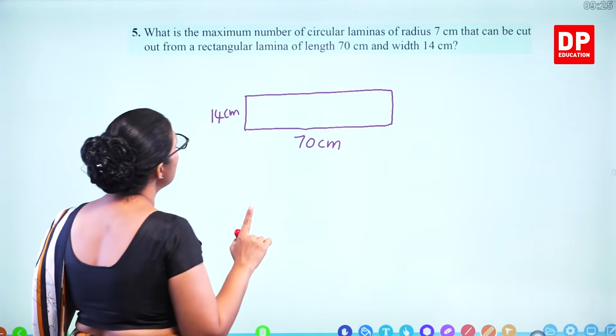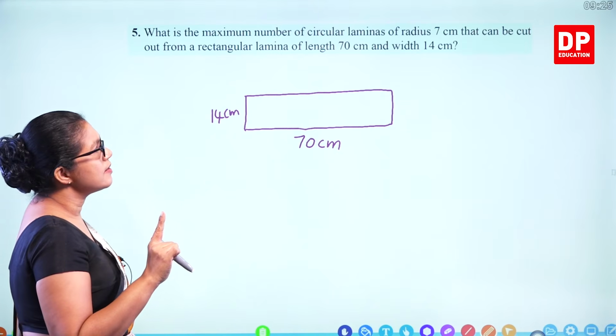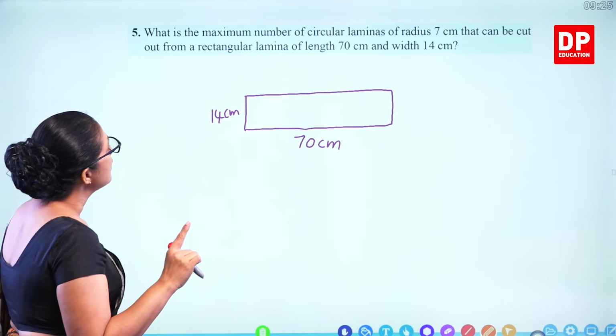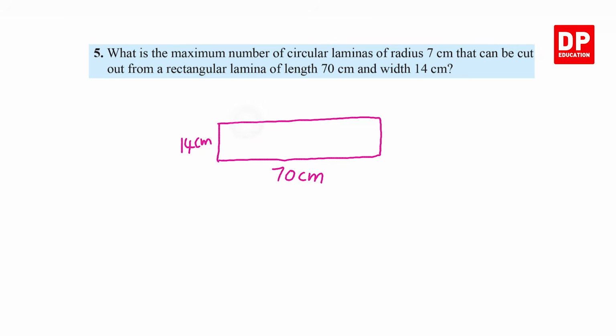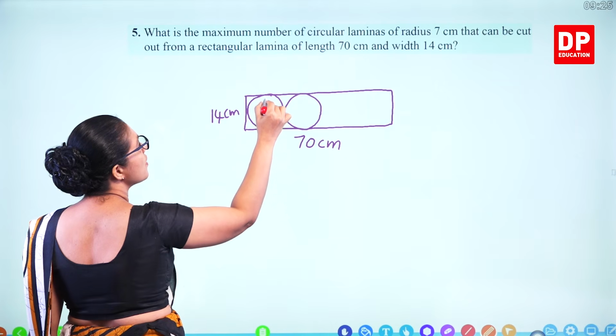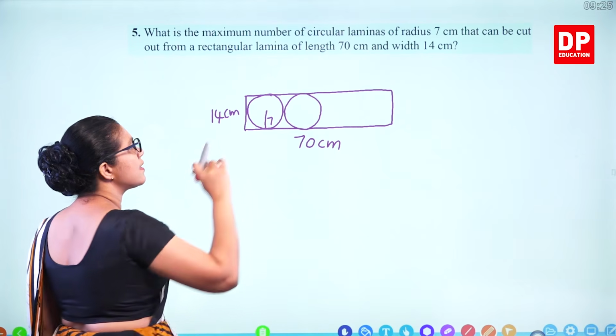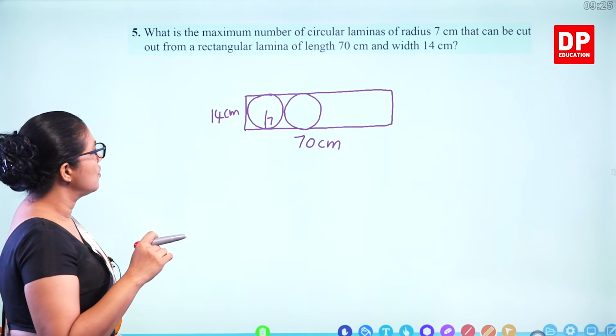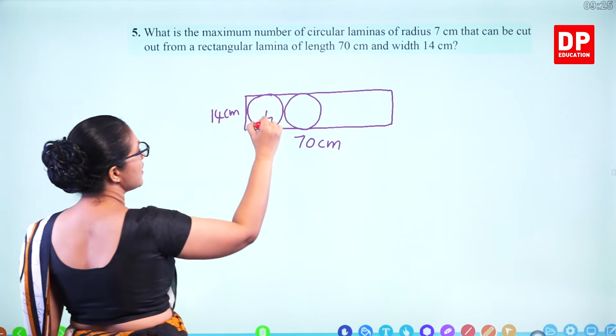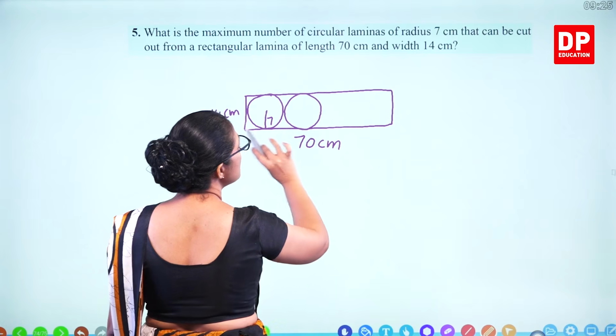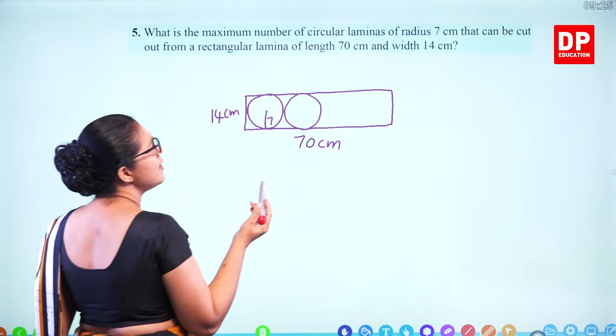So maximum number of circular laminas that you can cut. Now, radius is 7. Means you can cut one circle this way.